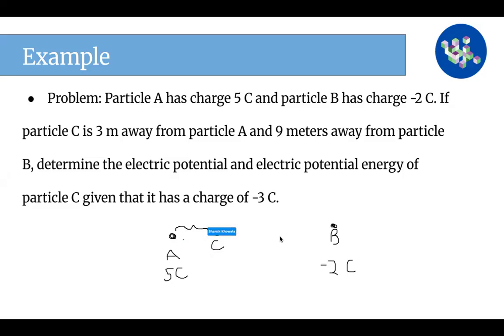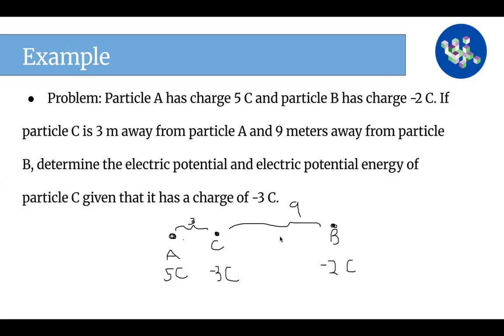This is 3, this is 9. We want the electric potential energy of particle C, given its charge is -3 coulombs.